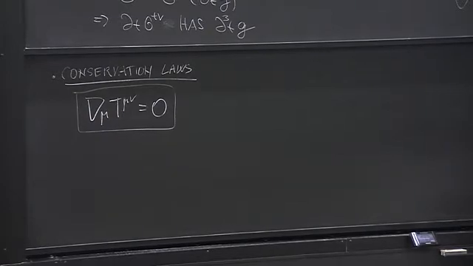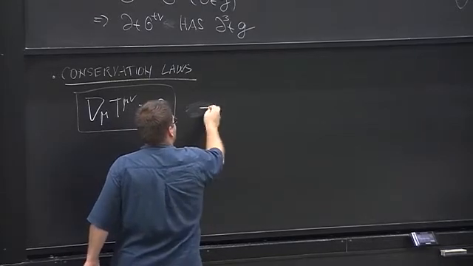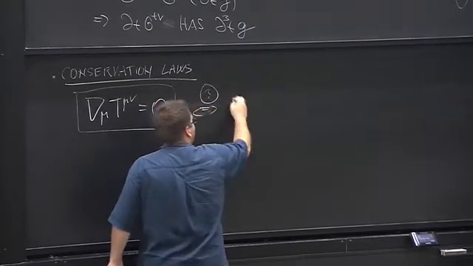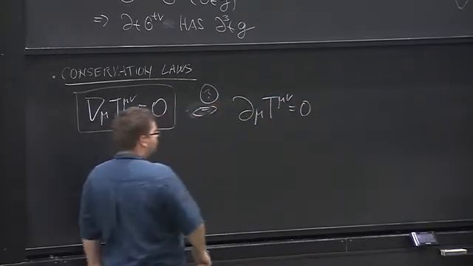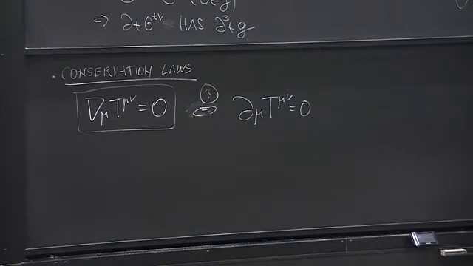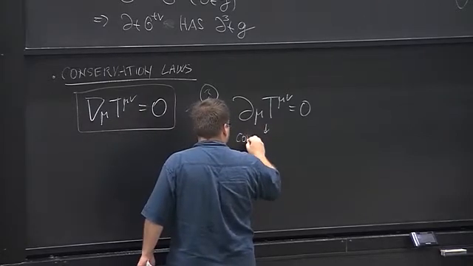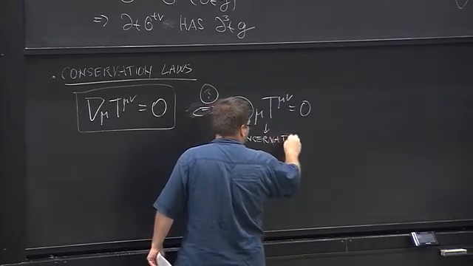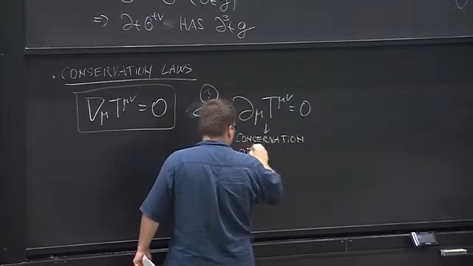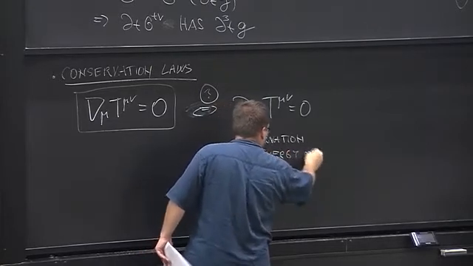But at the same time, this is very similar to the special relativistic version, partial mu T mu nu equals 0. But we know that in special relativity, this implies the conservation of energy and momentum.